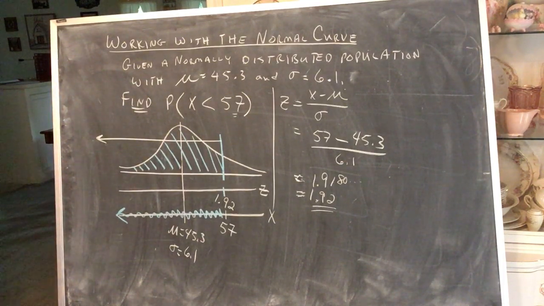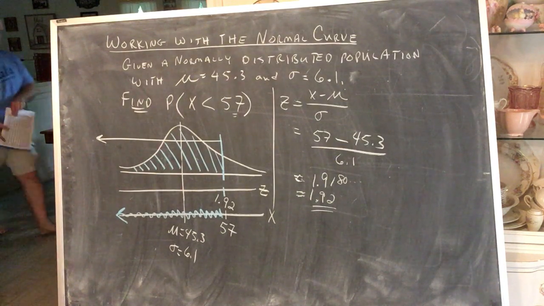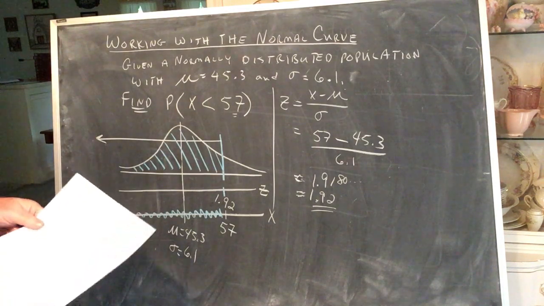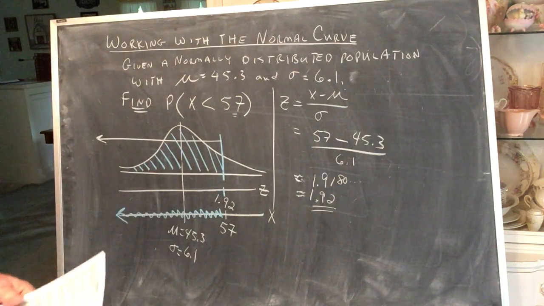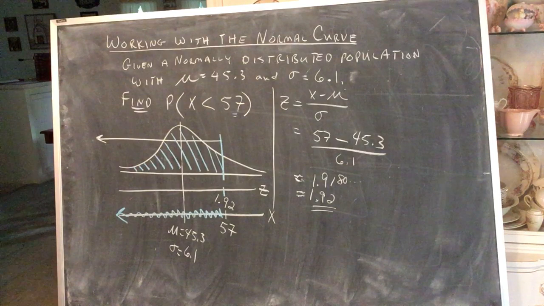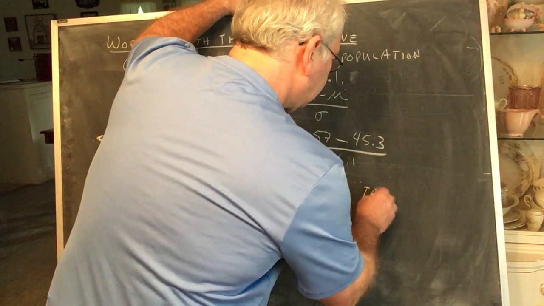So now, he said, running out of the room and running back with his normal table, we need to find the normal table value for 1.92. 1.9, that's positive 1.9. 1.92, my table value is 0.9726.